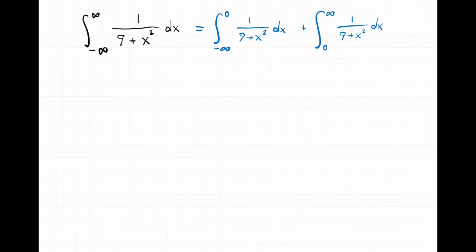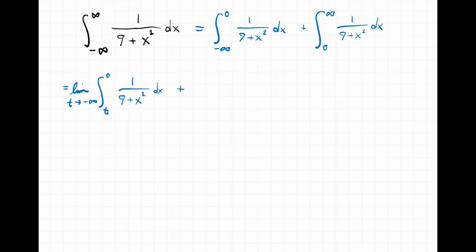And we'll take two limits here. So this is going to be, let's change our lower bound to t, the integral from t up to 0 of 1 over 9 plus x squared dx, and take the limit as t goes to minus infinity, plus another integral. Now, I could use t again for that other integral because the t variable doesn't exist outside the limit that I created.